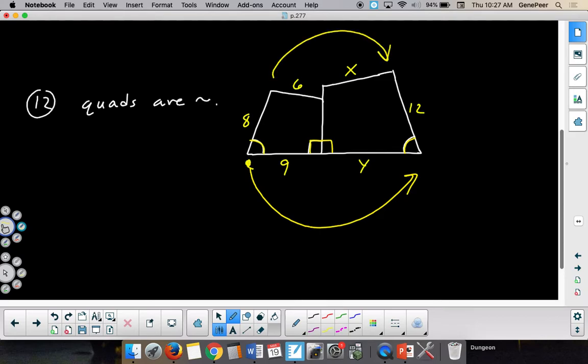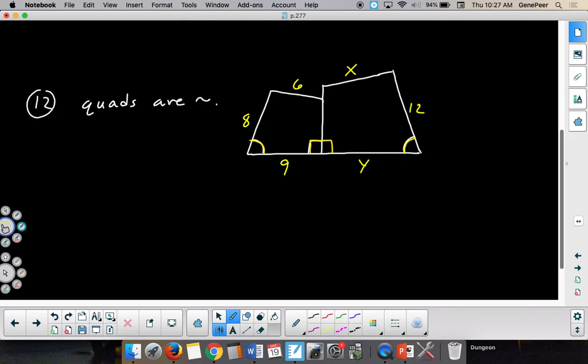So this point here matches up with this point here. Likewise, this vertex matches up with this vertex. The right angle matches up with itself. All right, so what's all that mean then? We look for two corresponding sides where we know the lengths of the sides.